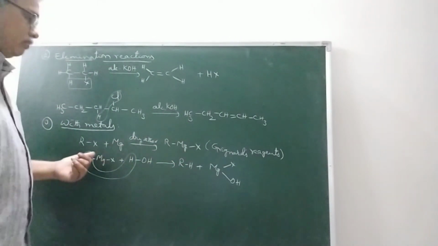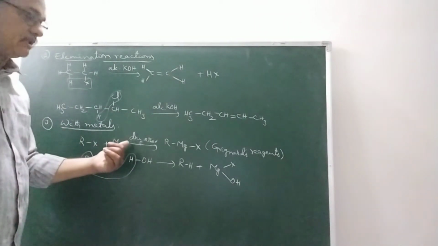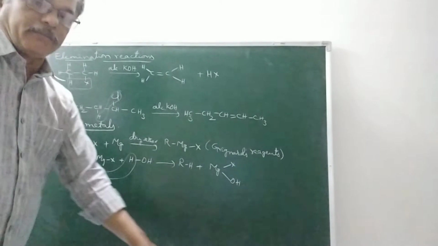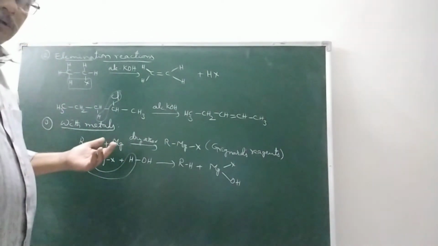So when alkyl halides react with magnesium in dry ether, Grignard's reagents are formed, which are useful for the preparation of different types of alkanes.